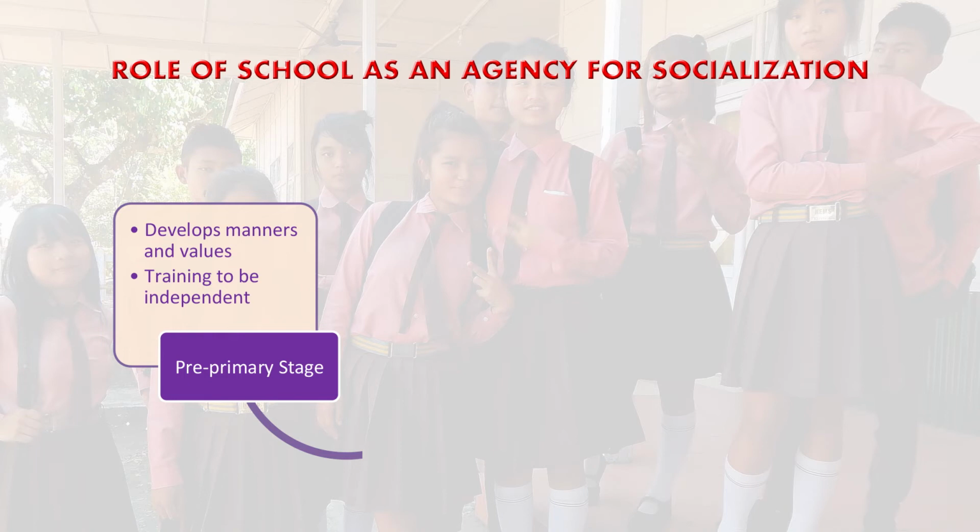What is the right manner, what is the socially desirable manner, and what are the socially desirable values. It may be empathy, cooperation, mutual living, group living. Such things children learn from the school, and that starts from the very beginning of school life, that is, the pre-primary stage.